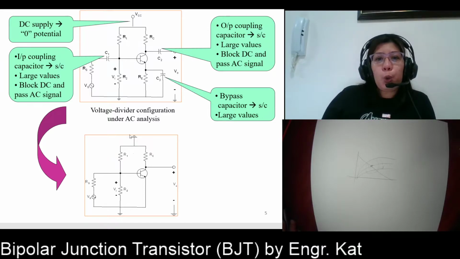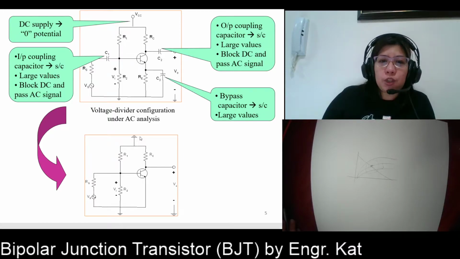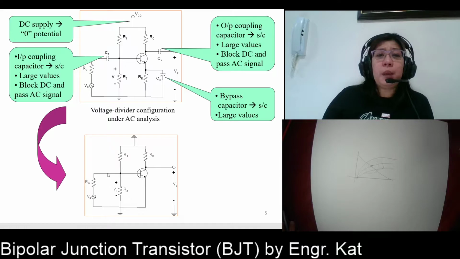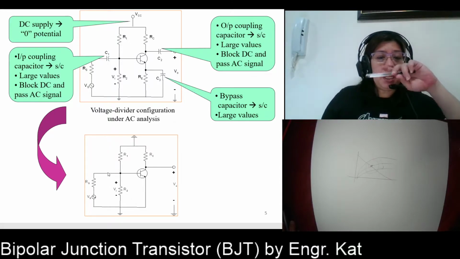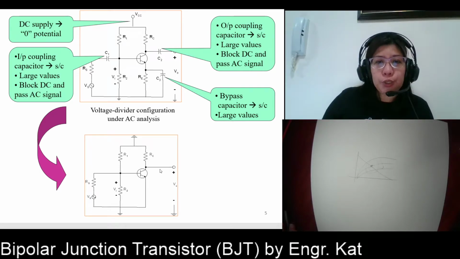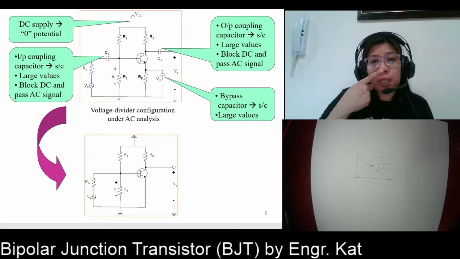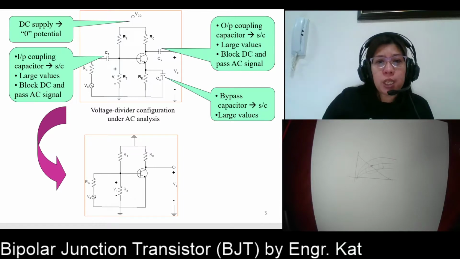Your DC supply is made zero potential, so we ground it. Your input coupling capacitor is turned into a short circuit. Your output coupling capacitor is turned to a short circuit. So what is interesting here is the effect of the short circuit bypass capacitor.